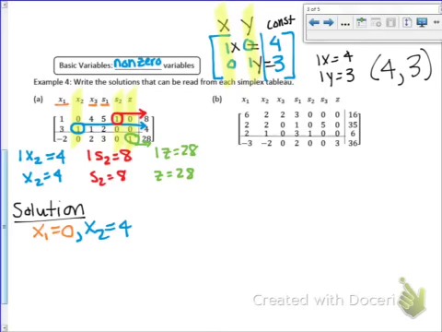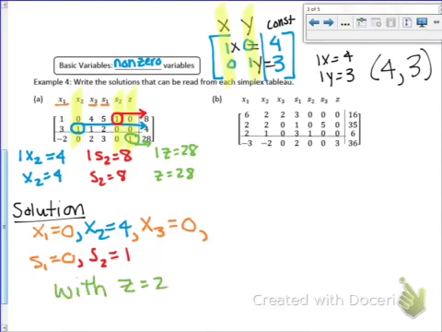The next variable is X3. We didn't find an answer for that one, so that one's 0. Same thing with S1. That one's 0, so we didn't find an answer for it. We found that S2 was 8. And then we found that Z is 28. We're not actually going to write it with a comma. We're going to say with Z equaling 28. And then this would be your solution.